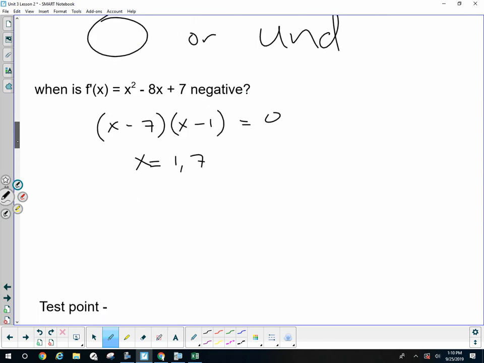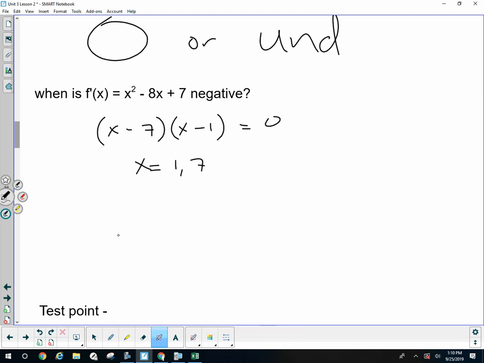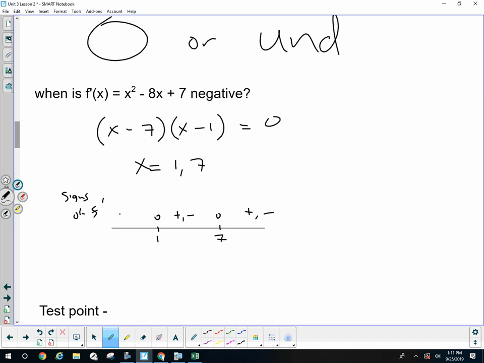And throwing those numbers on a one-dimensional number line. And I'm going to look at the signs of f prime. Knowing that I found all of the zeros and all the undefined function values, I will know that f prime is either positive or negative in all these intervals. It's one or the other.